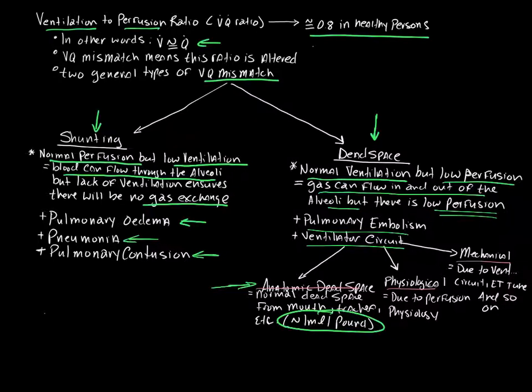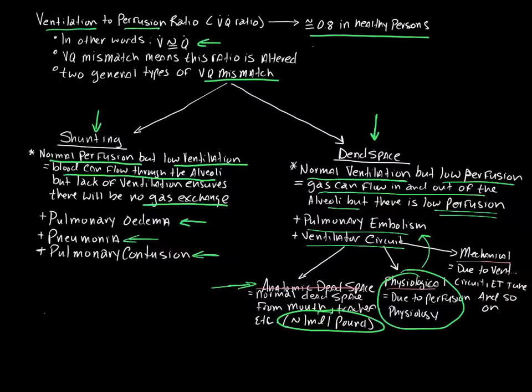You also have other types of dead space. You can have physiological dead space, and physiological dead space is due to perfusion pathology. So physiological dead space is due to some problem like a pulmonary embolism.